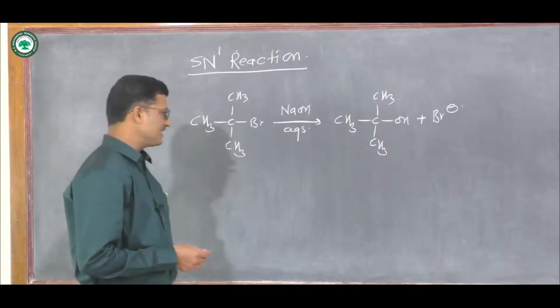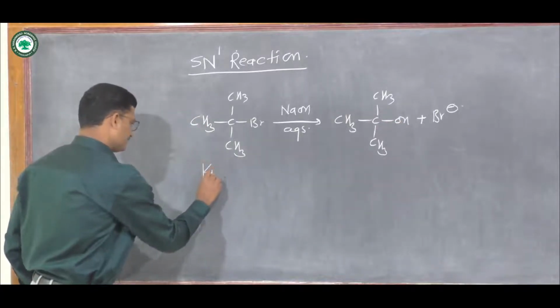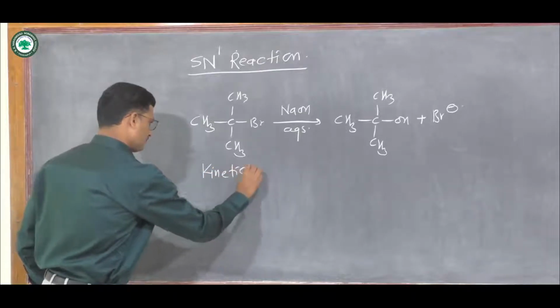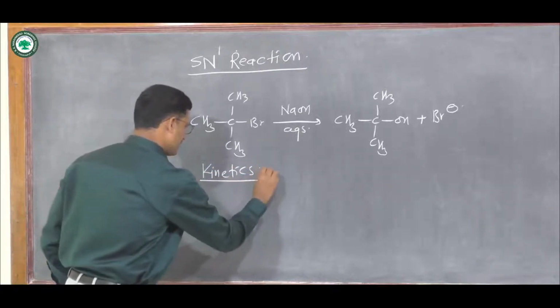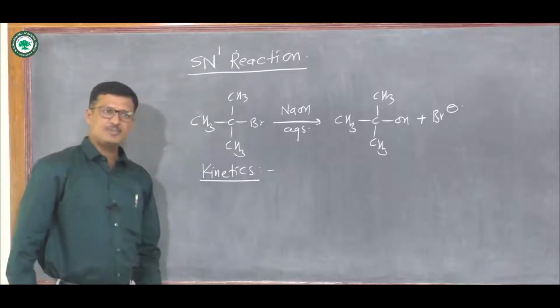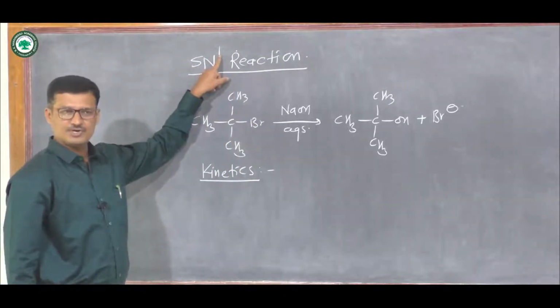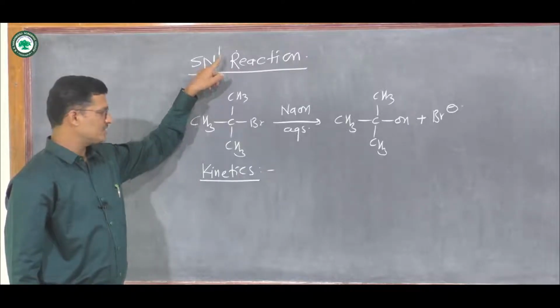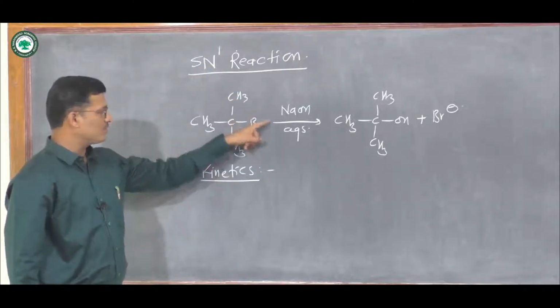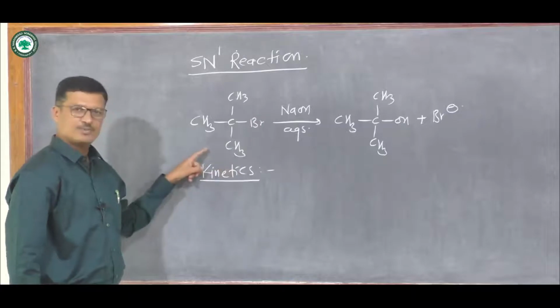Once we see this general example, then we look at the kinetics. What is the kinetics of this reaction? We remember the 1 in SN1 stands for a unimolecular reaction, meaning the rate of reaction depends on only one molecule, the tertiary butyl bromide.